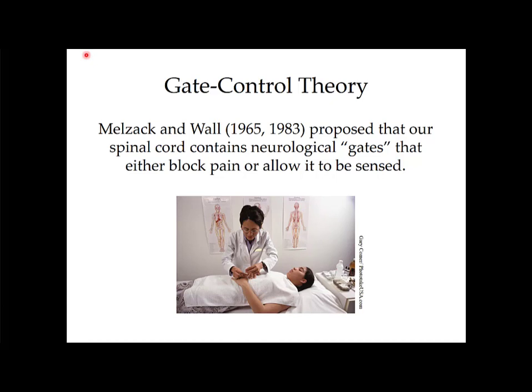Probably the most obvious example of this is women that choose to have an epidural during labor. What an epidural is, they insert a little cannula, usually about midway through your spine, into your actual spinal cord, and they put medication in there that blocks the pain signal.